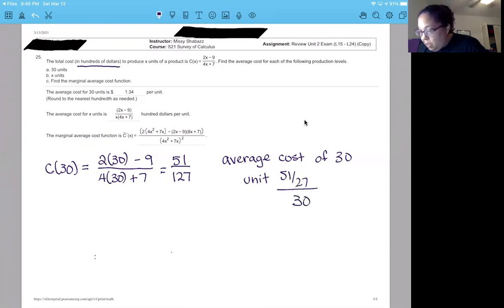And that gives me approximately 0.134. All right. But they told us that that was in hundreds, so I need to multiply that by 100 and I get 1.34.